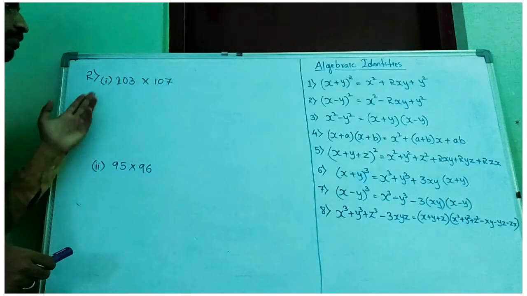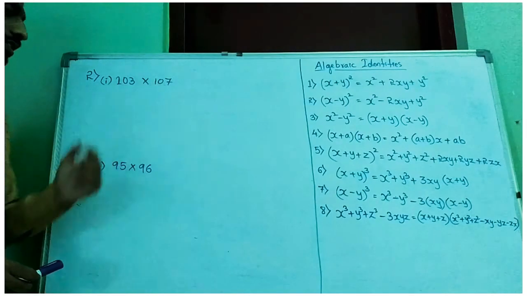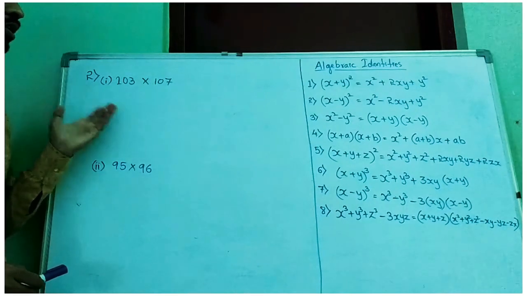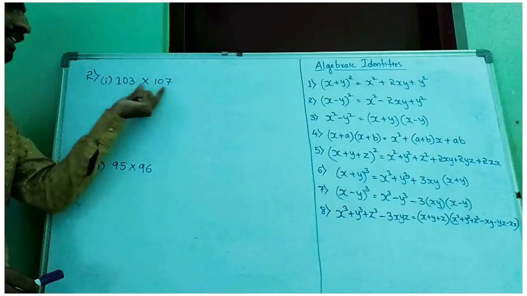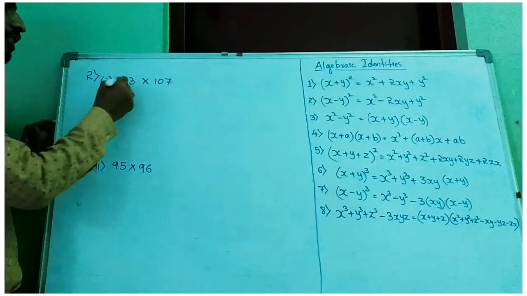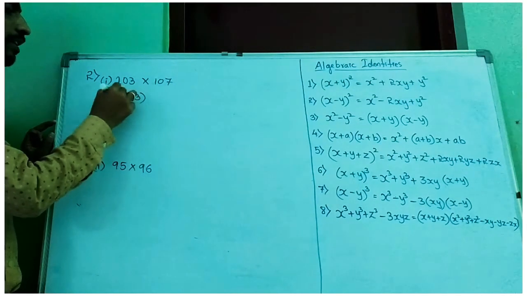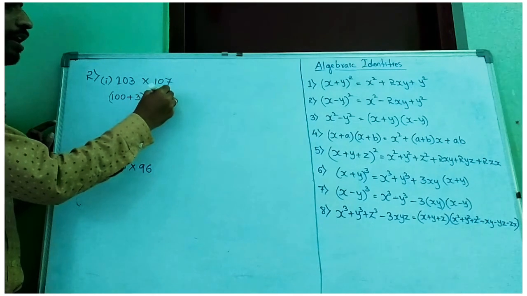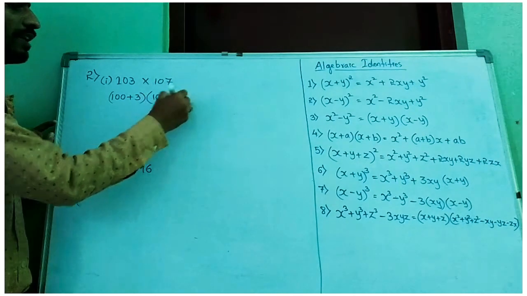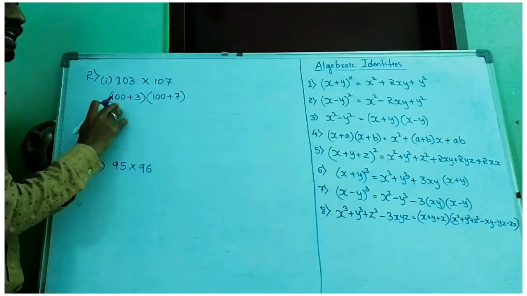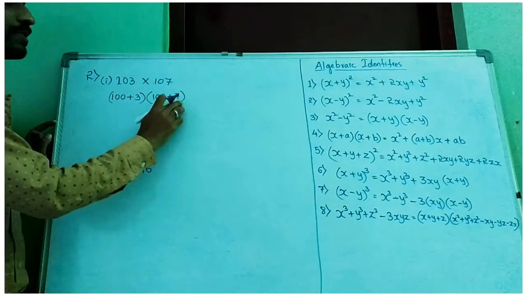Now the second problem, they have given 103 into 107. So how to do this? First you write it in the expanded form. So I will write 103 as (100 + 3) into (100 + 7). So it means (x + a)(x + b).